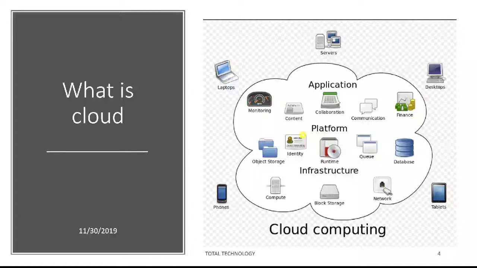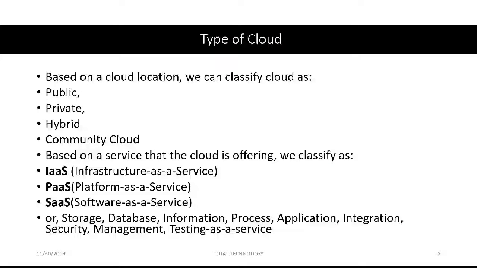Now, as we have discussed what is cloud, we will discuss the different types of clouds available. Based on cloud location, you can differentiate clouds as public, private, hybrid, or community cloud. We will go into those in the next slide, but remember there are four types: public, private, hybrid, and community.